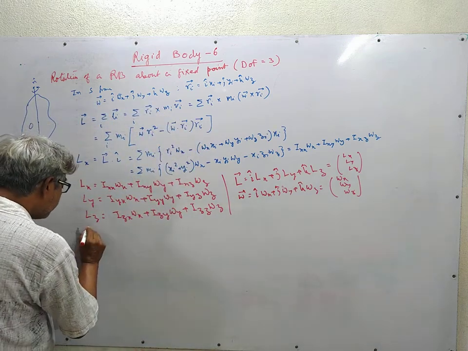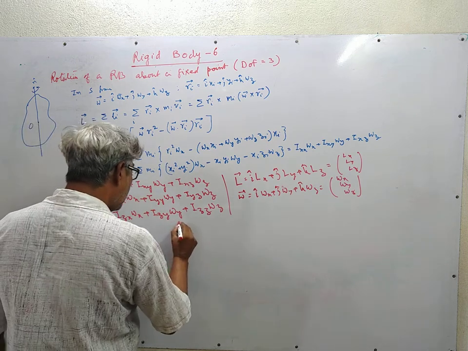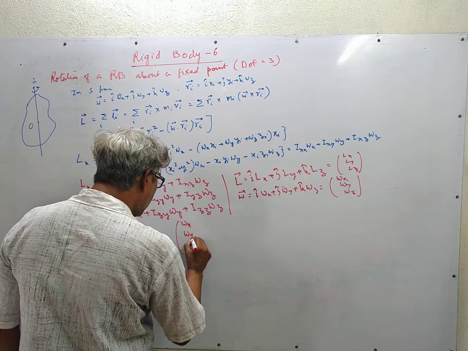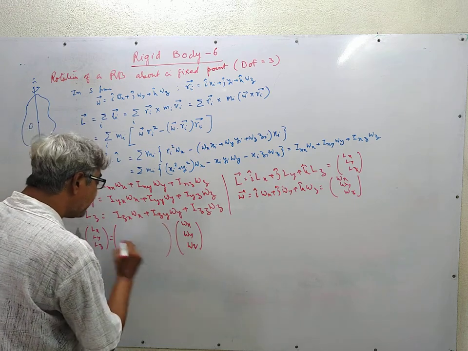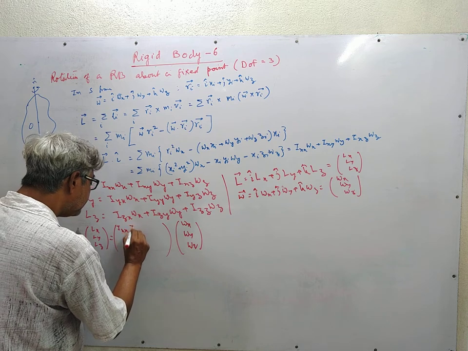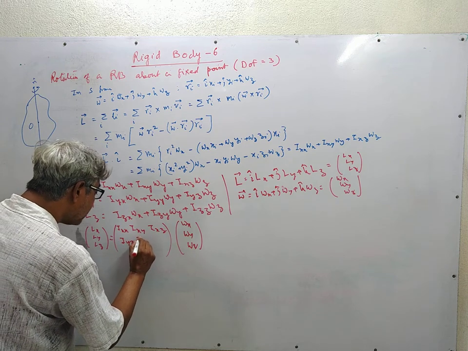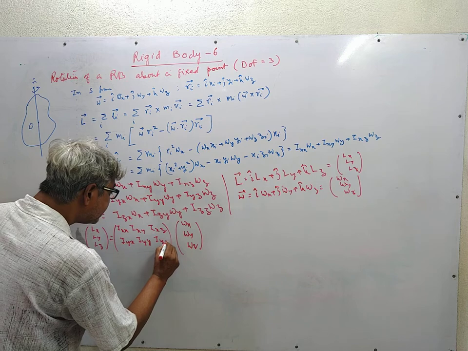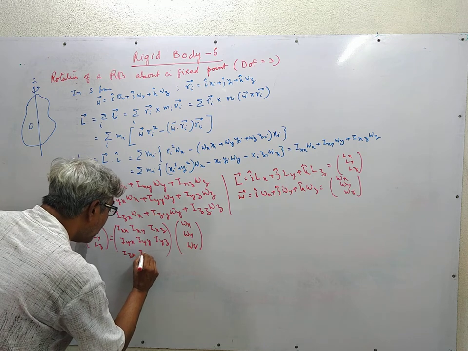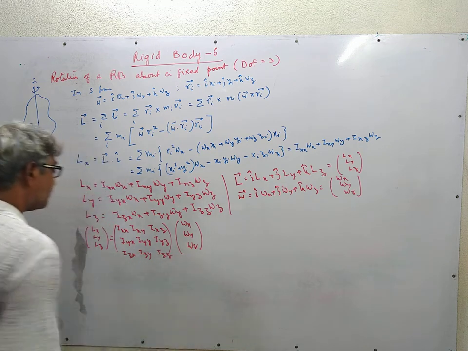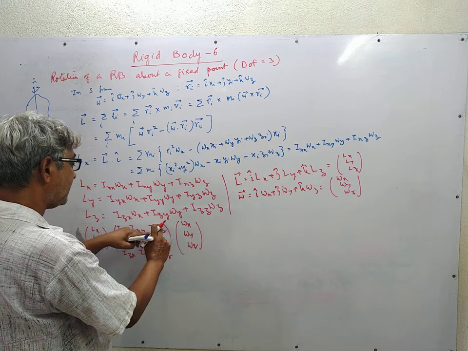To get back this relation, we must introduce a 3 by 3 matrix over here, Ixx, Ixy, Ixz, Iyx, Iyy, Iyz, Izx, Izy, Izz, so that for Lx, this is Ixx times omega x plus Ixy times omega y plus Ixz times omega z.